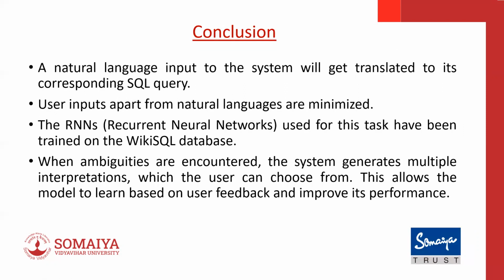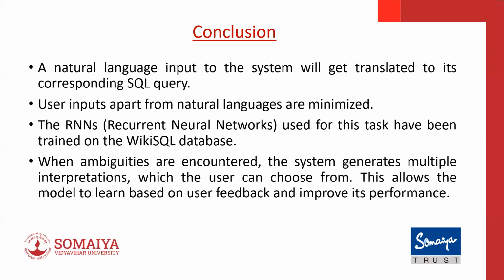Now the conclusion is that the natural language input in English given to the system will get translated into its corresponding SQL query. The neural networks have been trained on the WikiSQL database, and user inputs apart from natural language are minimized.